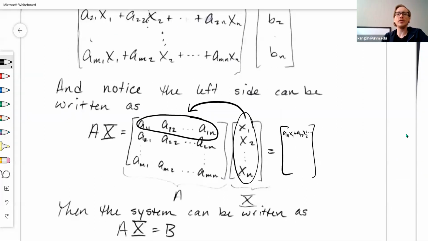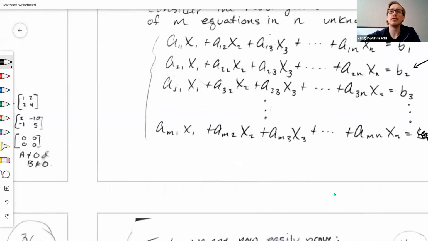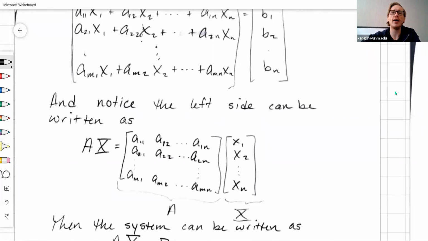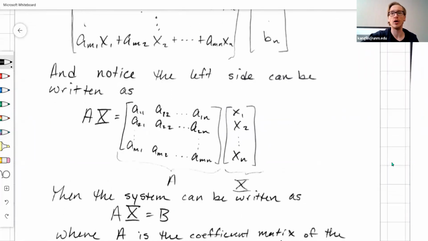So we see that we are going to express the original system that we started with, with the coefficients all attached to all these unknowns, x1 through xn, and the right-hand sides, b1 through bm. We're going to express all of that by realizing the left-hand side is really A times matrix X, where matrix X is filled with the unknowns.